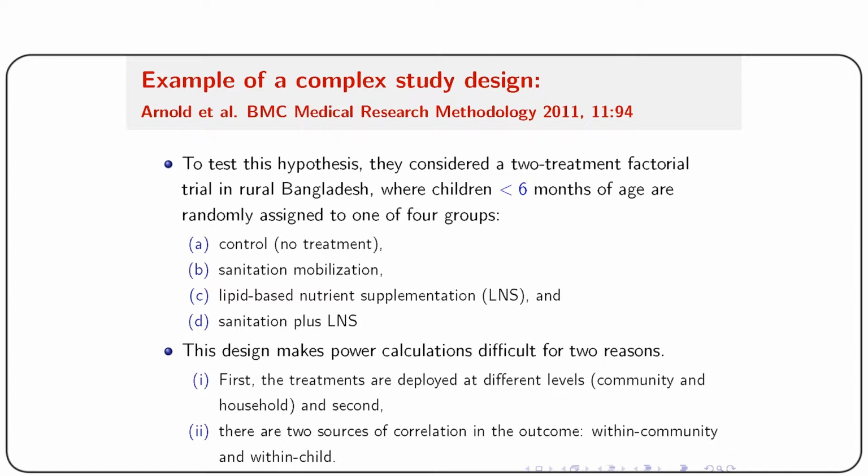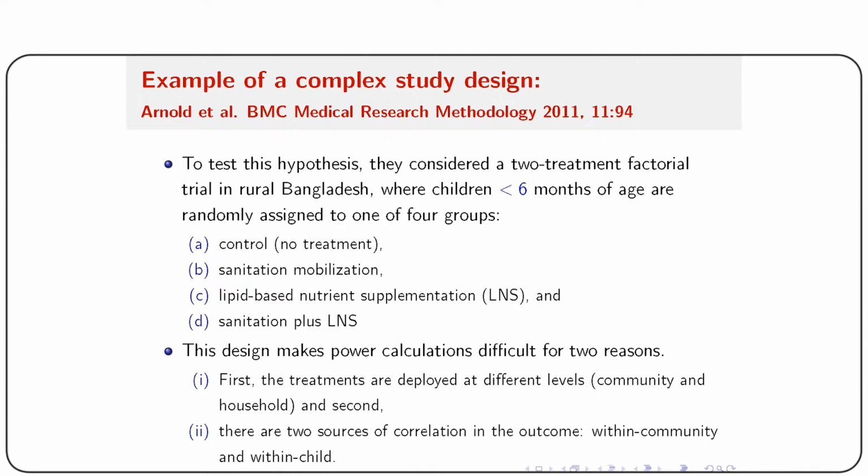To test this hypothesis, they considered a two-treatment factorial trial in rural Bangladesh, where children less than 6 months of age are randomly assigned to one of 4 groups: the control, meaning no treatment, the sanitation mobilization, the lipid-based nutrient supplementation, and sanitation plus lipid-based nutrient supplementation (LNS).